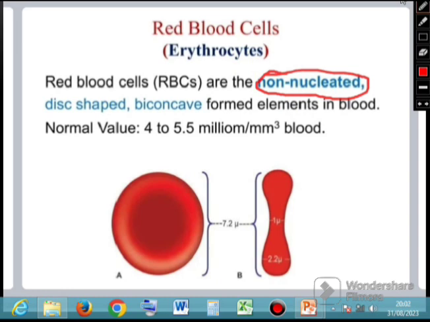Okay. I said that red blood cell contains hemoglobin, which is responsible for the red coloration of the blood.